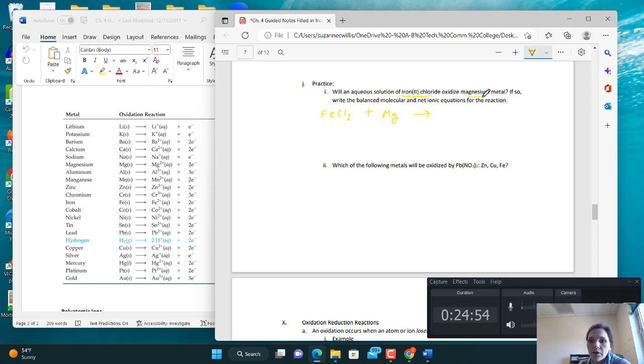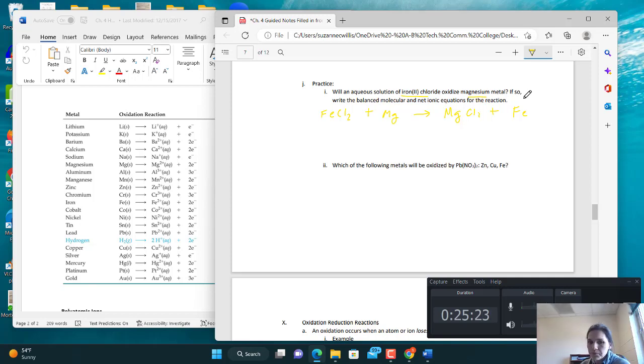So let's just decode even if we don't know what this word means yet. Okay, iron and magnesium. You go over here and you compare. Here's magnesium. Here's iron. Who's higher? Magnesium's higher. So what will happen? He will win. So if he will win, he will replace iron. So magnesium's going to go into the compound, you flip-flop the charges, and you leave iron alone. Okay?